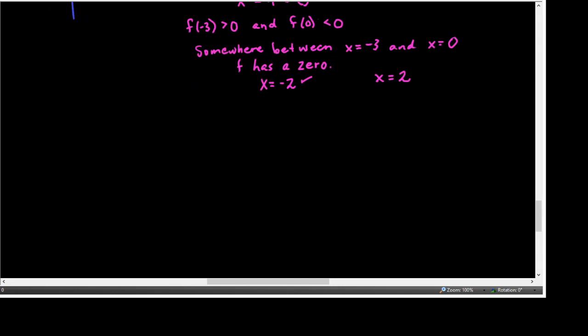We're supposed to use the intermediate value theorem to show that the polynomial function f of x equals x cubed plus 2x minus 1 has a 0 in the interval from 0 to 1.